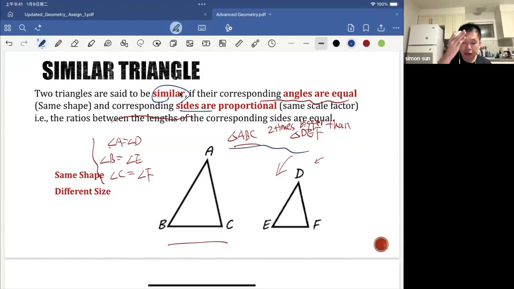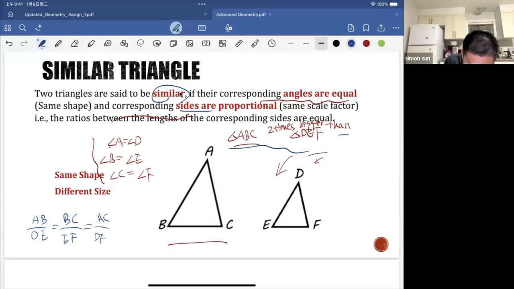We assume triangle ABC is 2 times bigger than triangle DEF, so the corresponding side length ratio, AB to DE, is 2 to 1, or you can just mark it as 2. So the first triangle is 2 times bigger than the second one. That's the definition of similar.